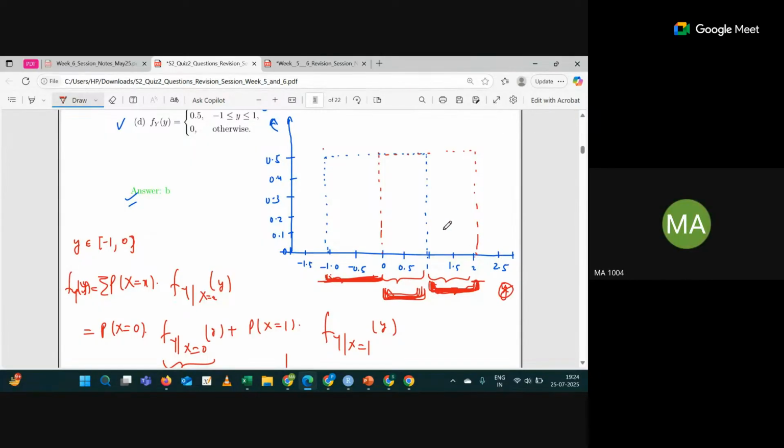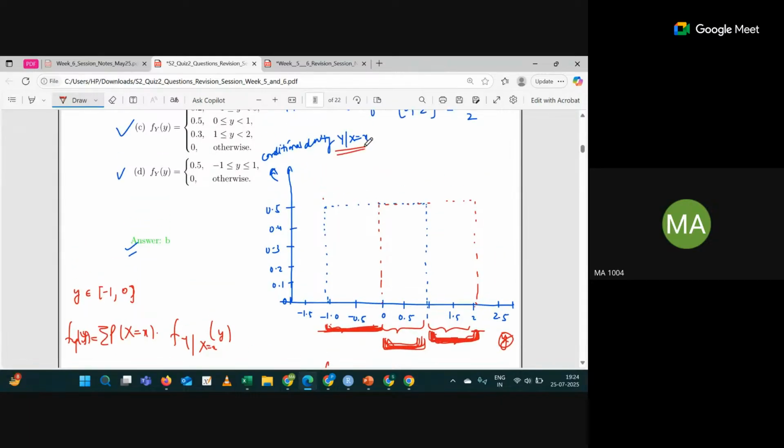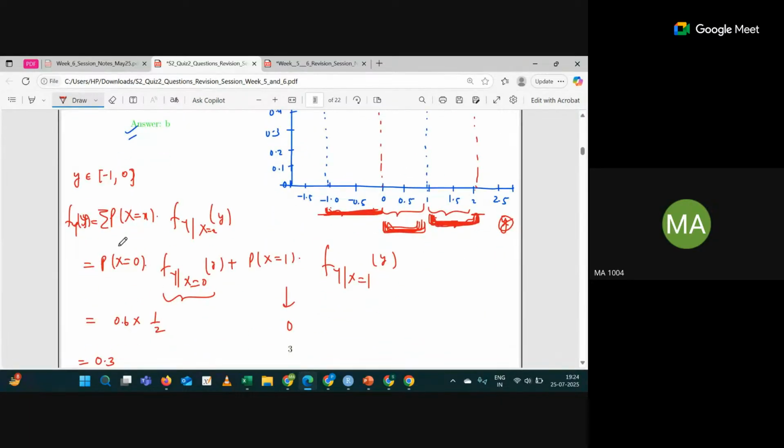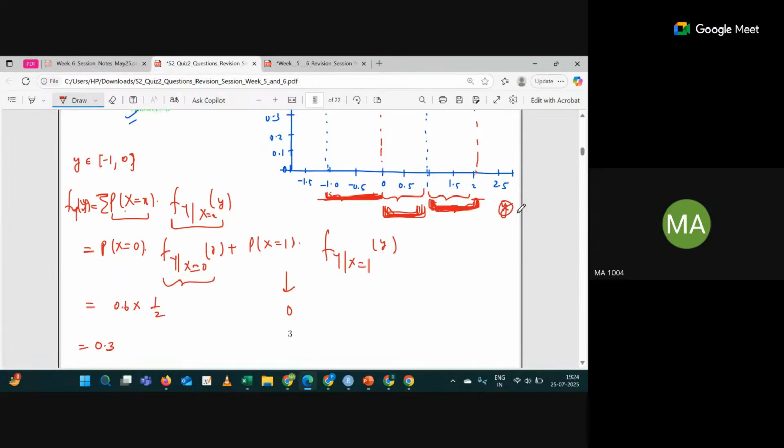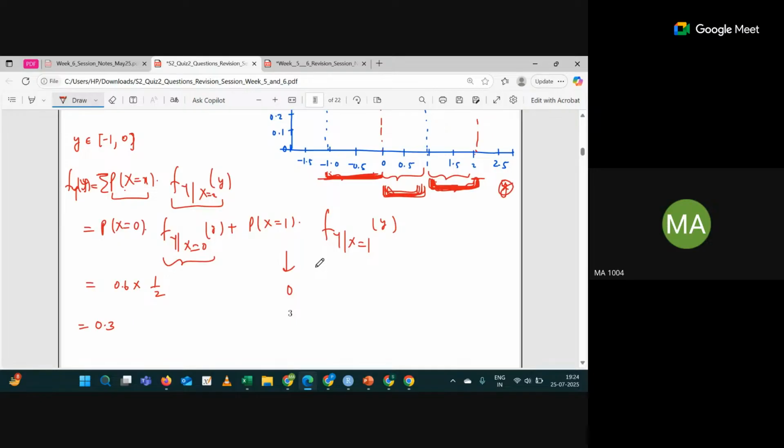This is y, and this is the conditional density of y given x equal to x. That's correct. If you see the formula, we have to do the summation over all x of the conditional part, right? So let's say this is y. So for this part, what's the rule of this case?